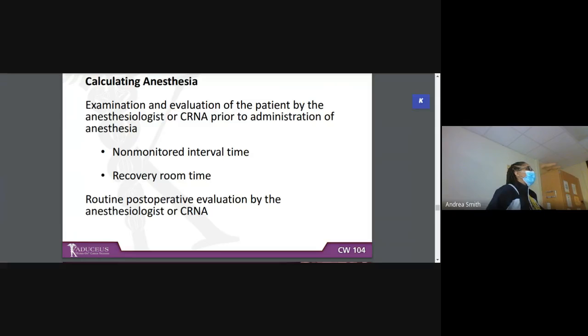Calculated anesthesia includes the examination and evaluation of a patient by an anesthesiologist or a certified registered nurse anesthetist prior to administration of anesthesia. There is non-monitor interval time and recovery room time. Routine post-operative evaluation by the anesthesiologist or certified registered nurse anesthetist.